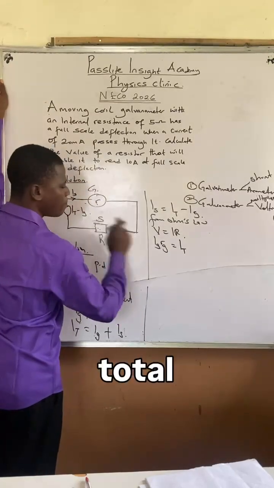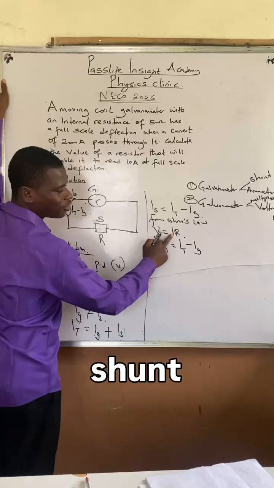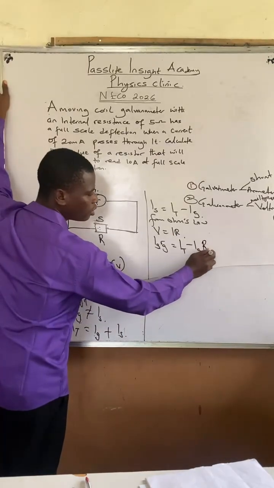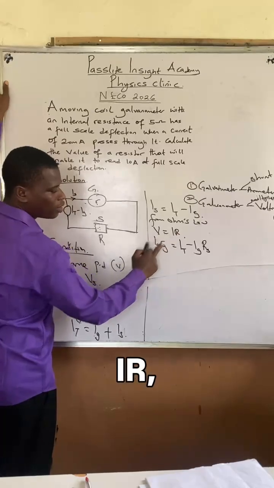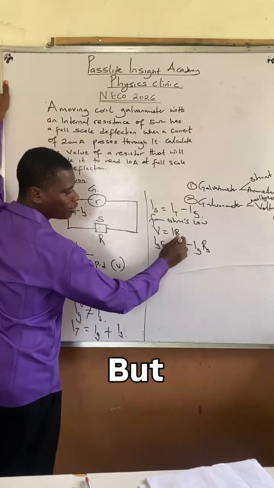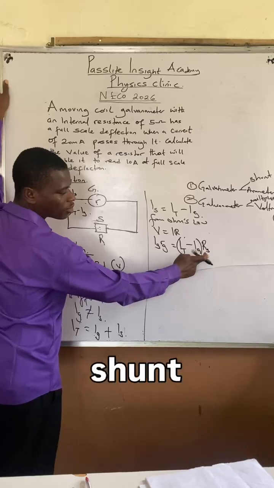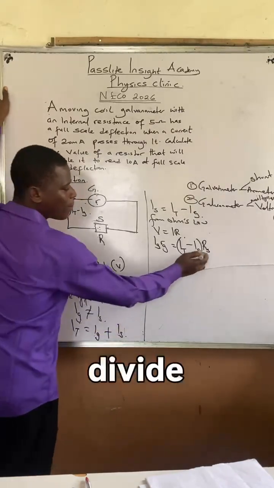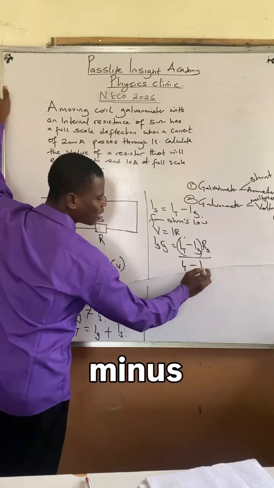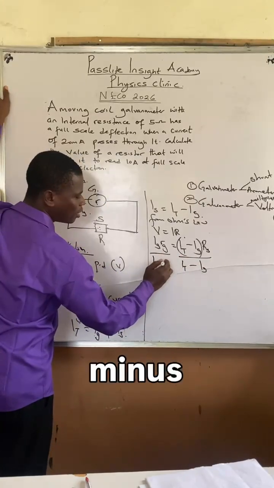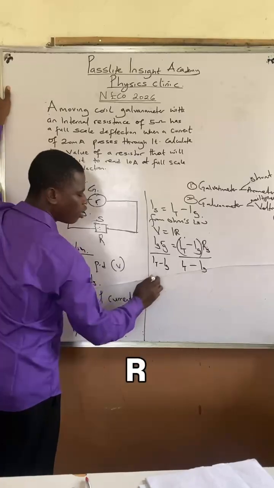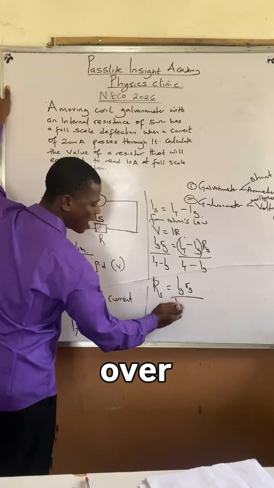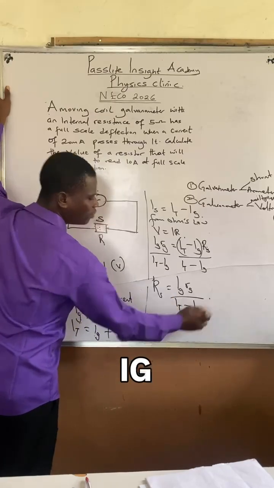We don't know the I of the shunt, so we use I total minus I of the galvanometer. Divide both sides by I total minus I of galvanometer. So the R of shunt is IG times RG over I total minus IG.